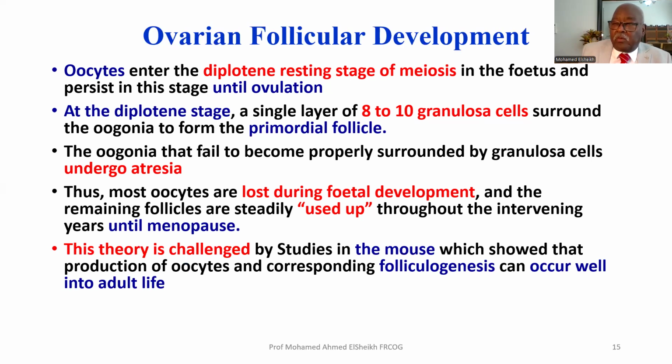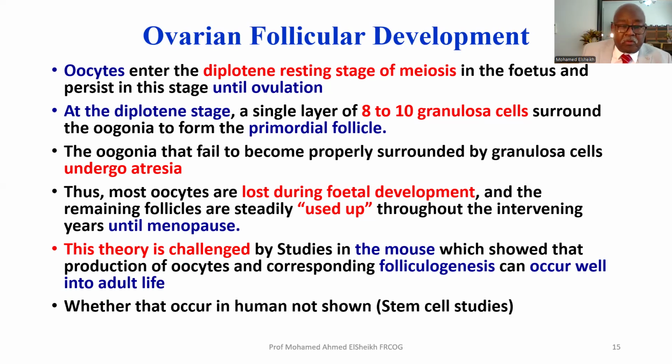This theory of all the oocytes being present at birth, none being formed after birth, is challenged now by some research done on mice or rats. It shows that production of oocytes could occur after being born. This has not been proven in human beings.